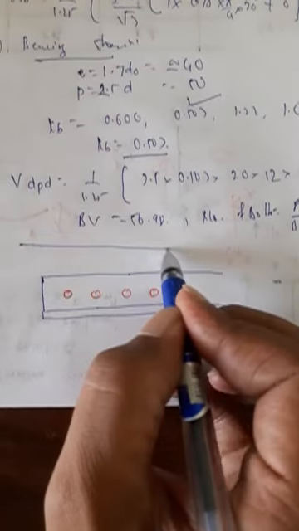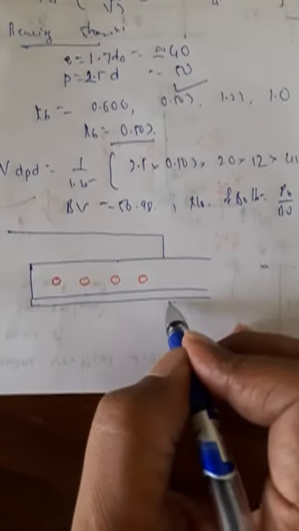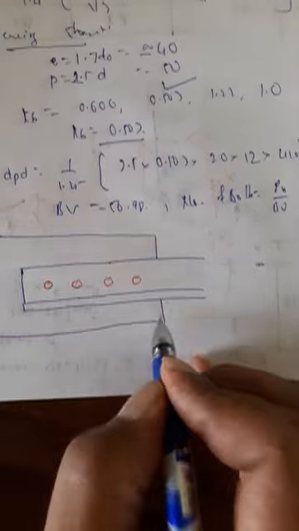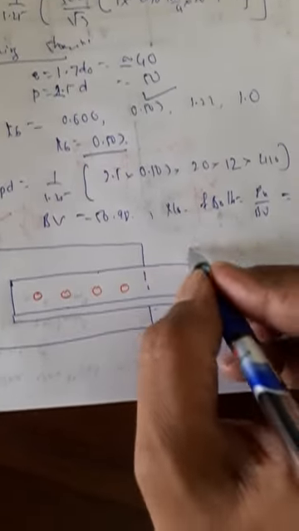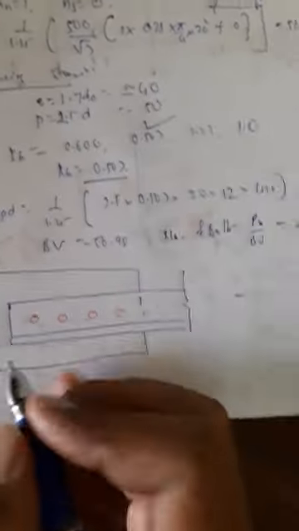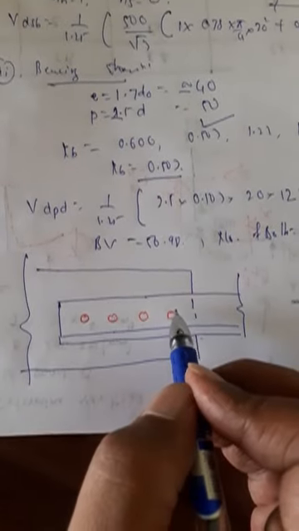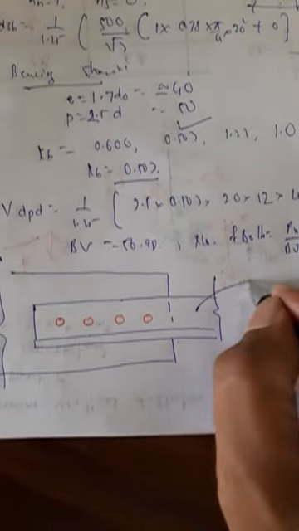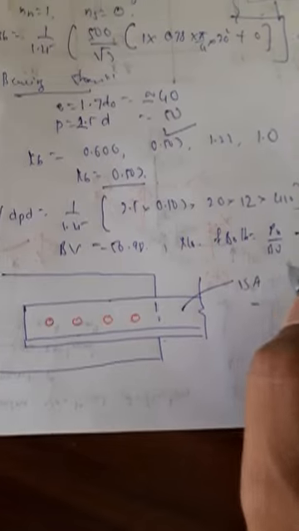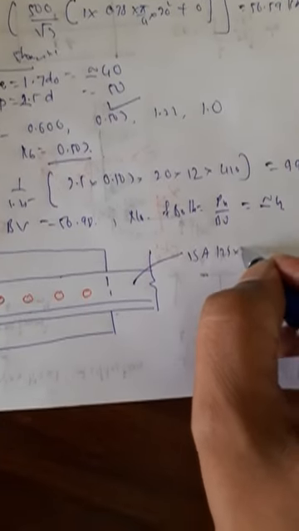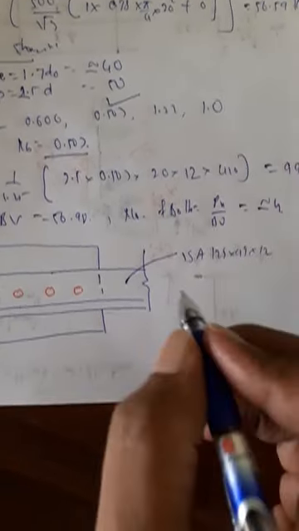Let this be the plate to which you are connecting the angle. So this angle is ISA 125 by 95 by 12.